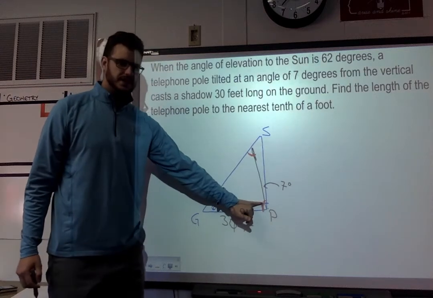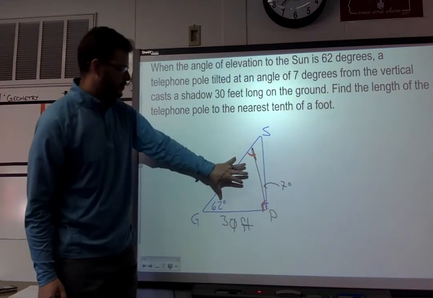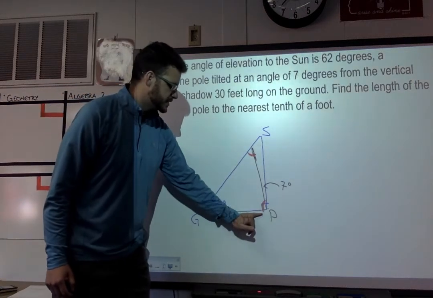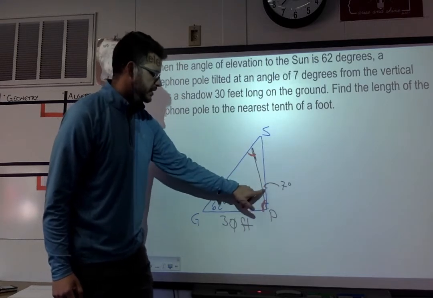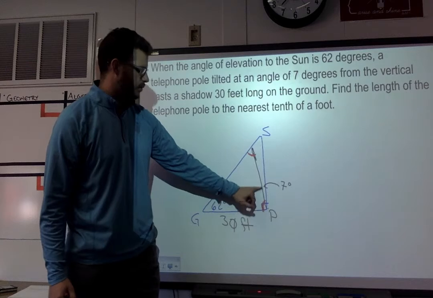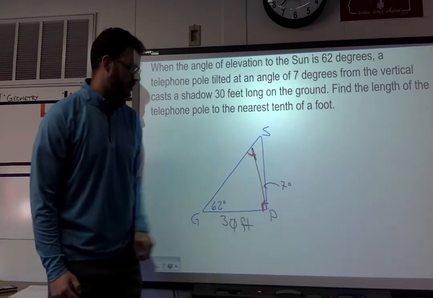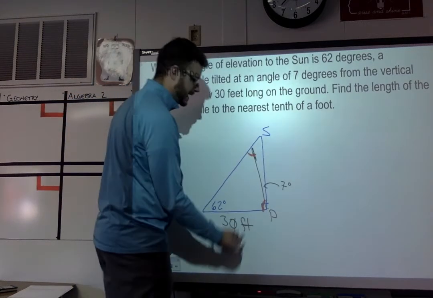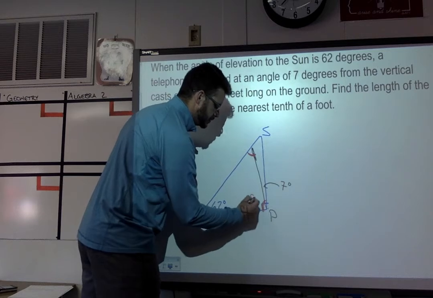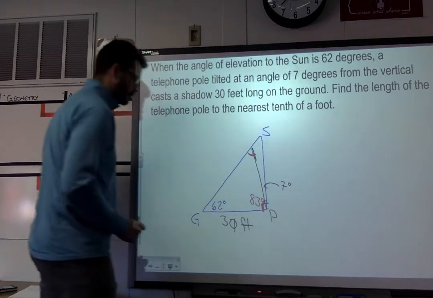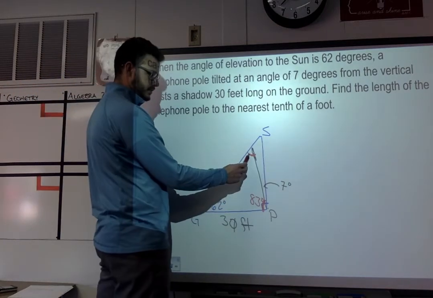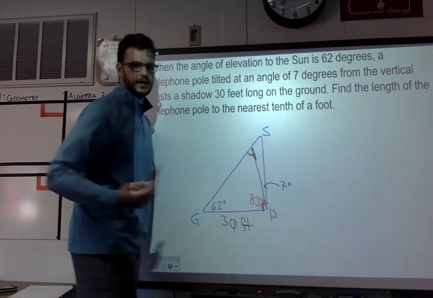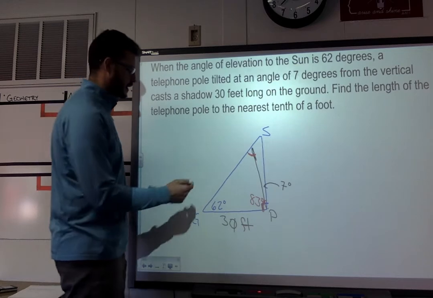This one is pretty easy. If we know that in our blue triangle, this is a 90-degree angle, and that the angle the pole makes with the vertical is 7 degrees, we can do 90 minus 7, which gives us an angle of 83 degrees there. Then, for this missing angle, we know that all three of them have to add up to 180.